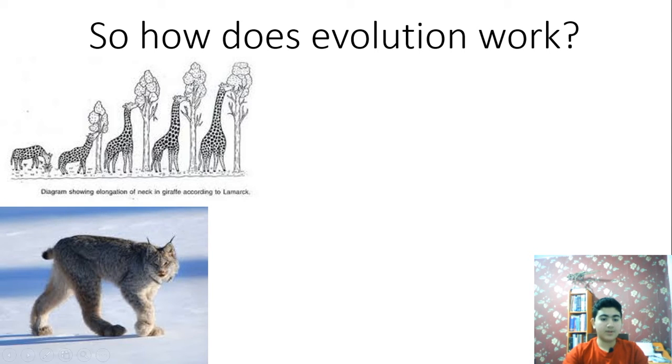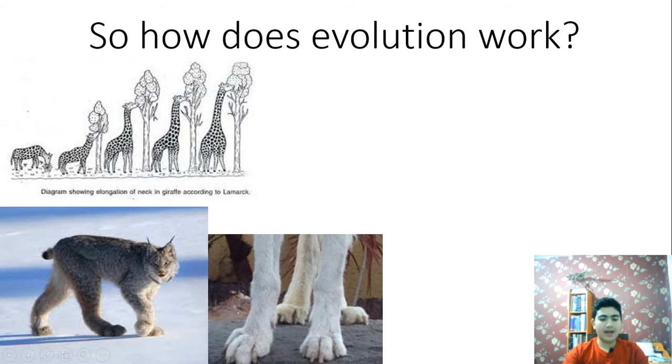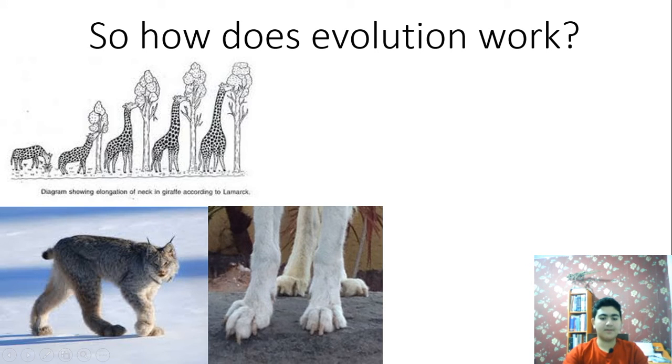Take for example this lynx, which has big paws, and this wolf that doesn't have very widespread paws. If the wolf wants to move in the snow, it will just go right into the snow, but the lynx has adapted, so it won't sink into the snow.